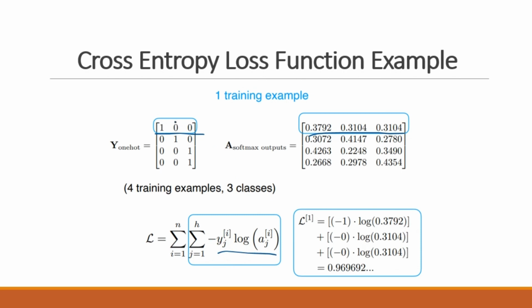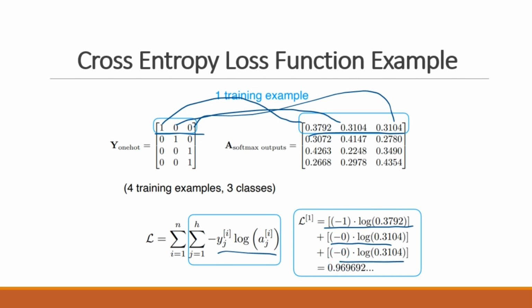So we compute 1 times the log of 0.37, and then 0 times the log of 0.31, and 0 times 0.31. So this is what I have written down here as well: minus 1 times log of 0.37, and then the other terms. This is what we are computing when we are summing.